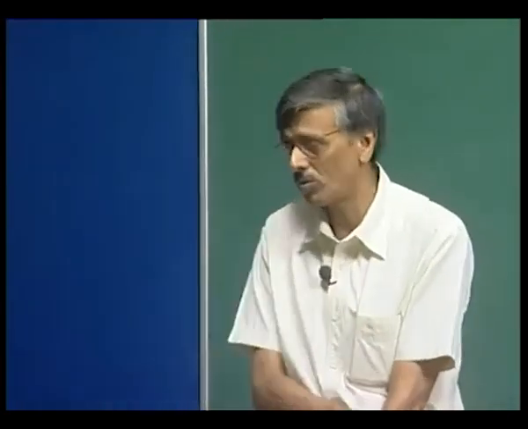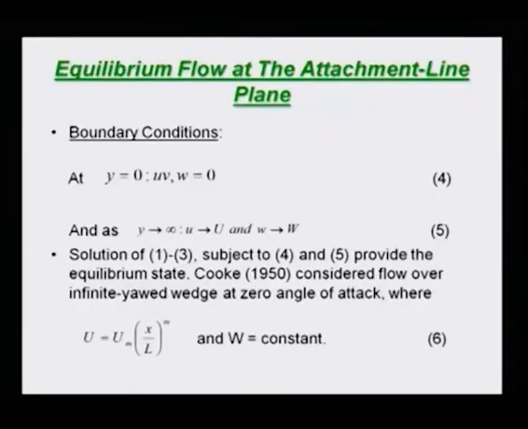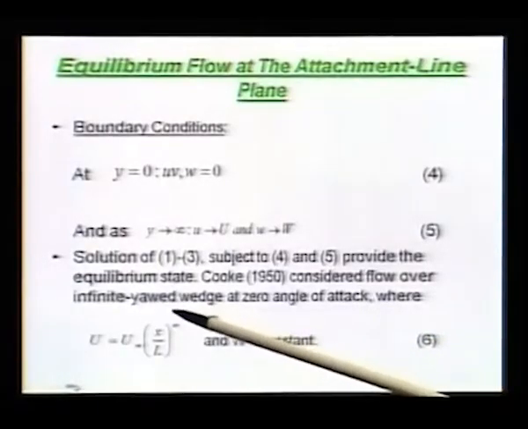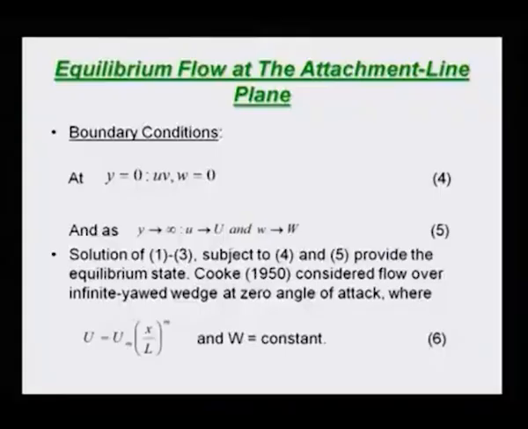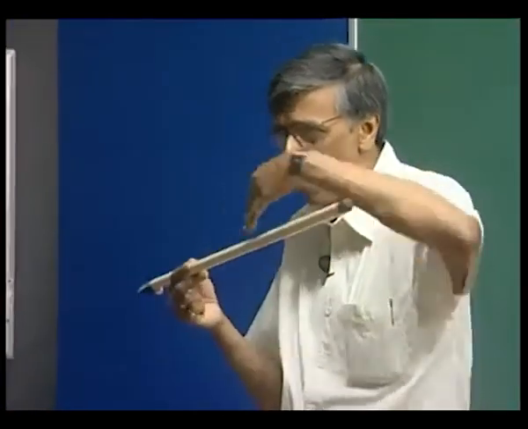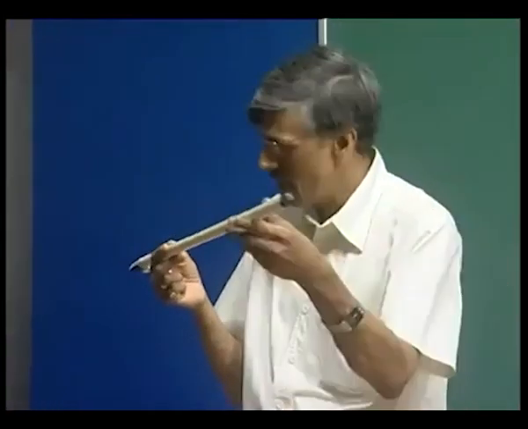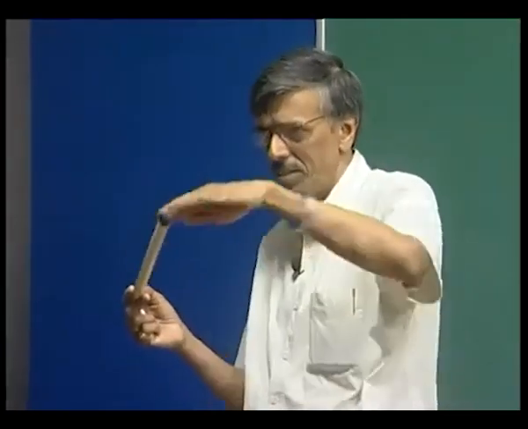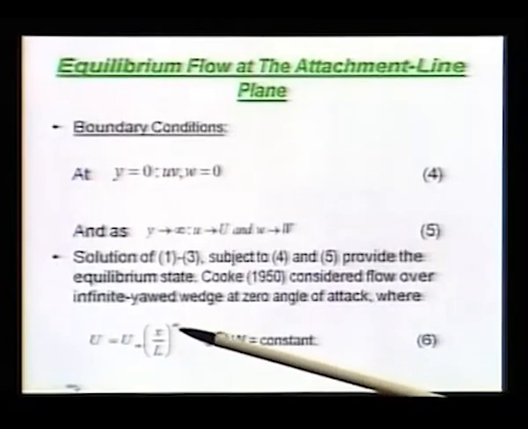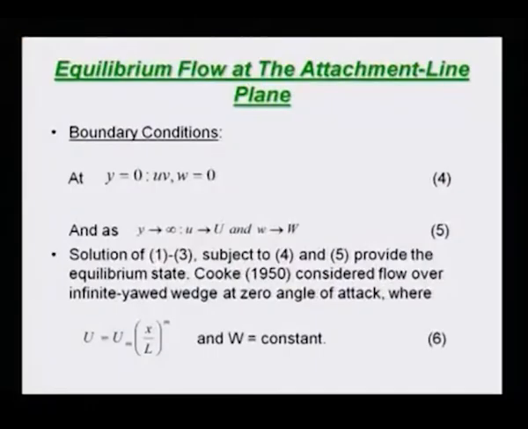We have talked about the Falkner-Skan profile. So, Cooke basically extended that same idea, that here we are talking about an infinite yawed wedge. So, if the flow is like this, you have a wedge here, okay, but that is infinite in this direction, right. So, that is if you are looking at the 0 angle of attack case.